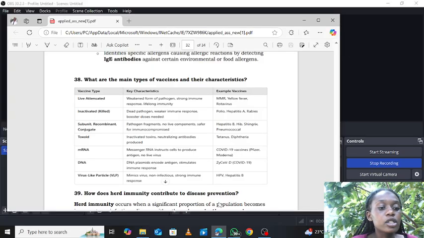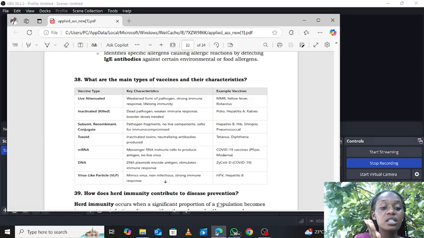The next one is recombinant, subunit, or conjugate vaccine, with pathogen fragments and no live components. It is also safe for immunocompromised people. Examples are hepatitis B and pneumococcal. The fourth one is toxoid, which inactivates the toxins and produces neutralizing antibodies. The example is tetanus.